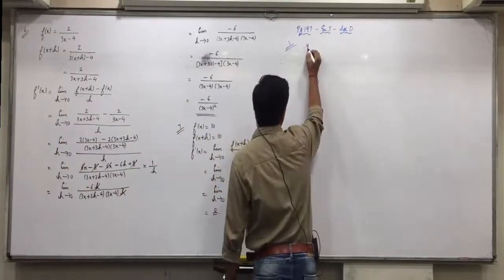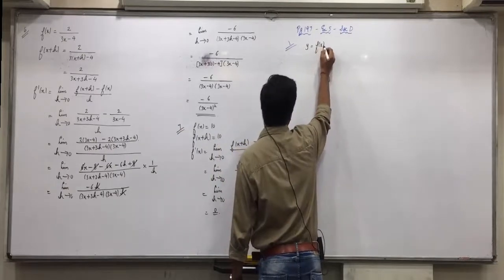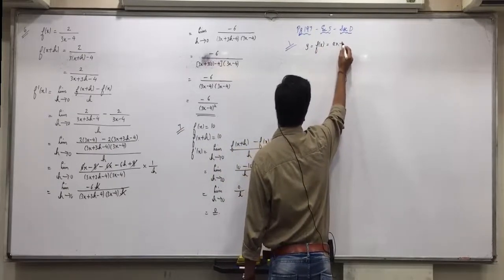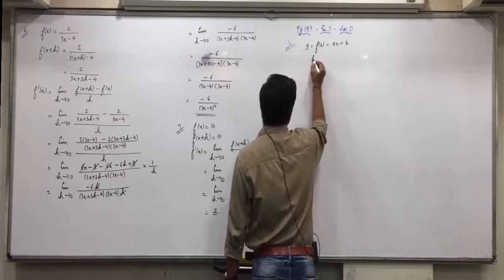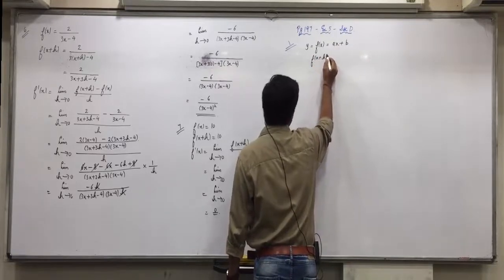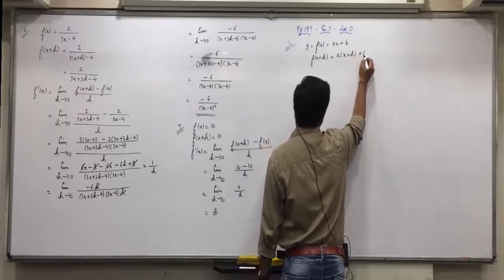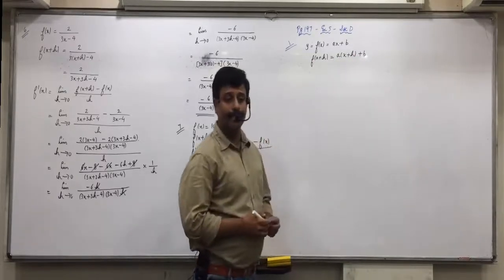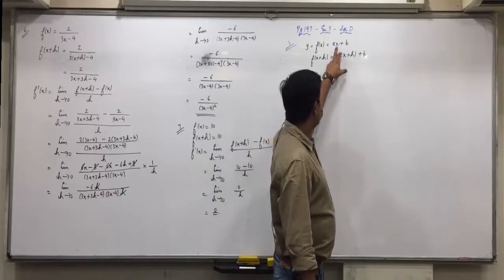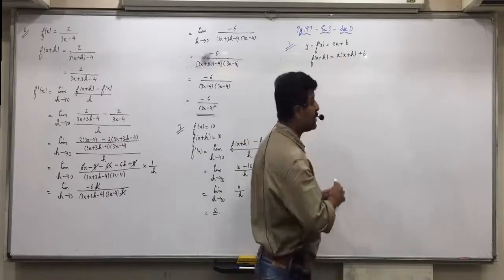First of all, y we can write as f(x) equals to ax plus b. So what will be f(x+h)? a into (x plus h) plus b. In place of x we will substitute x plus h.